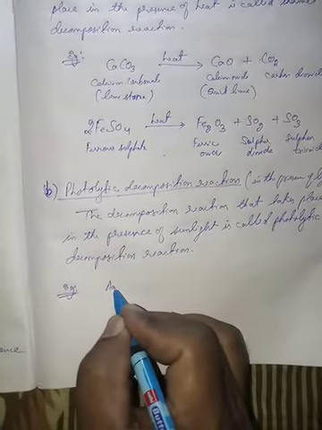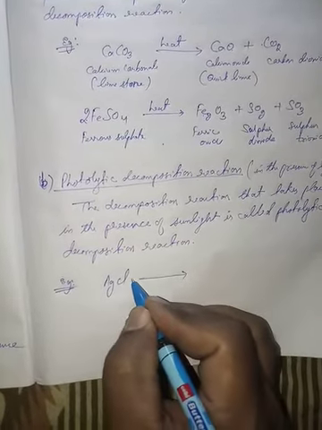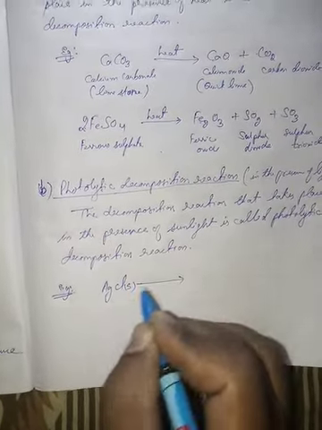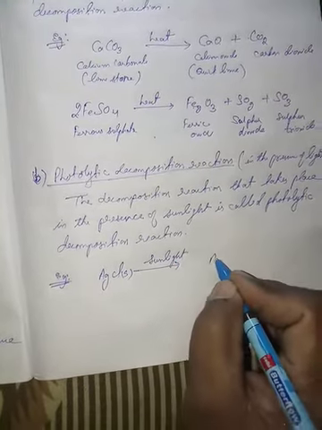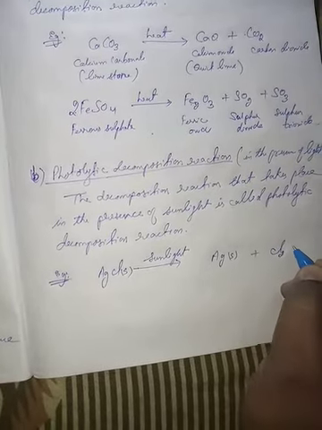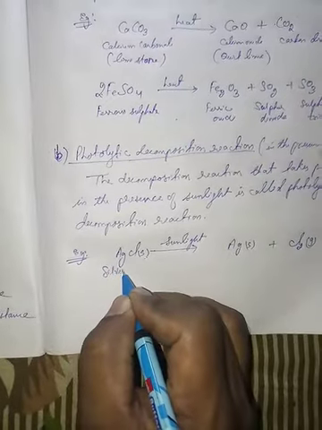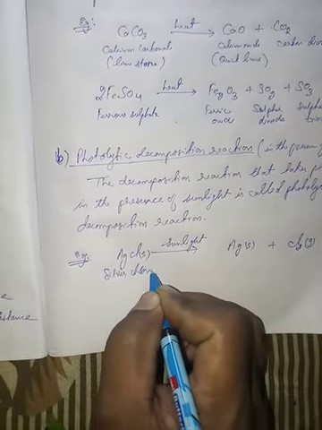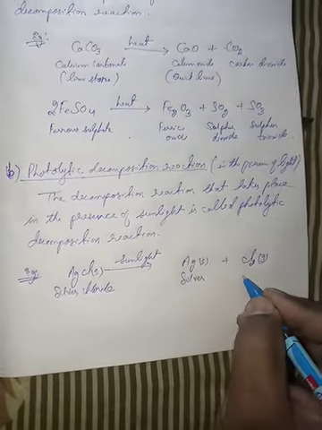Let us take an example. Silver chloride, AgCl, which is in solid form, when kept in sunlight, decomposes to form silver solid and chlorine gas.